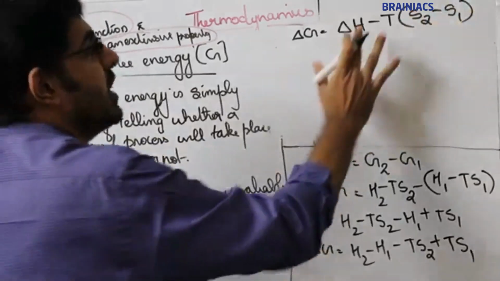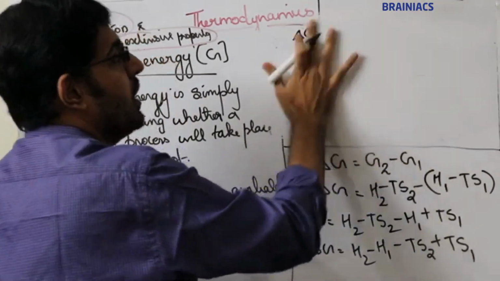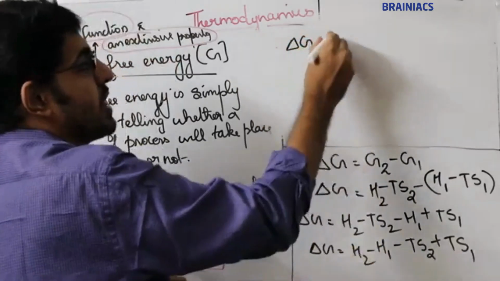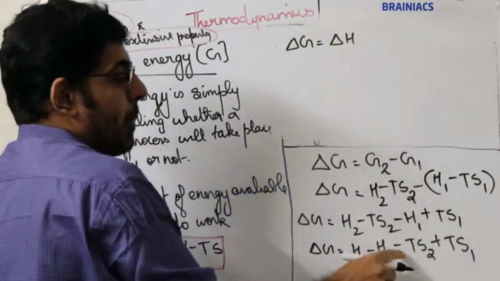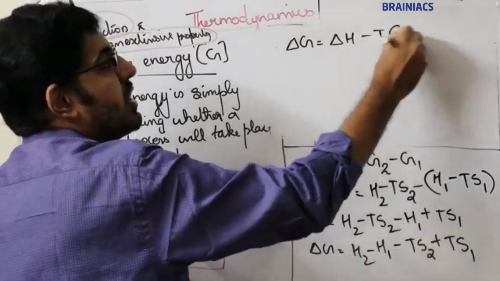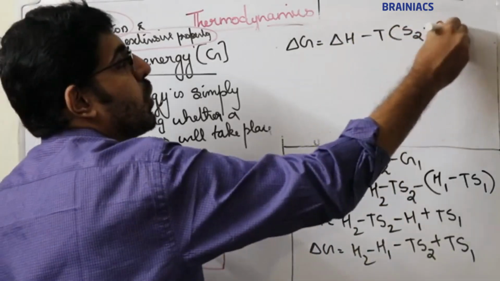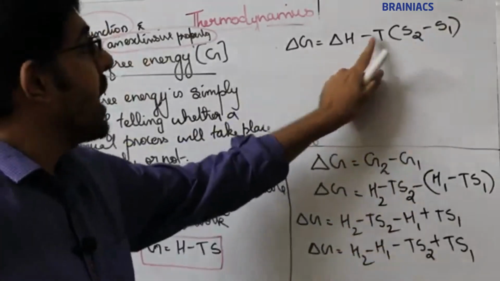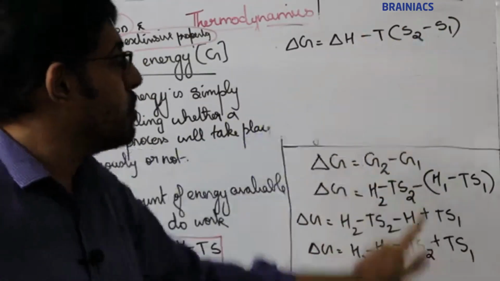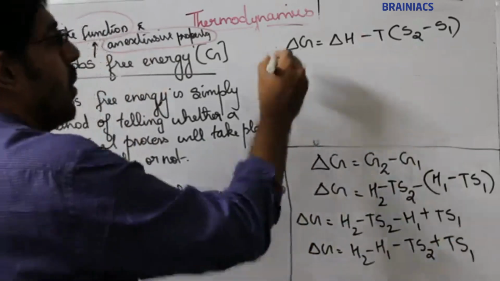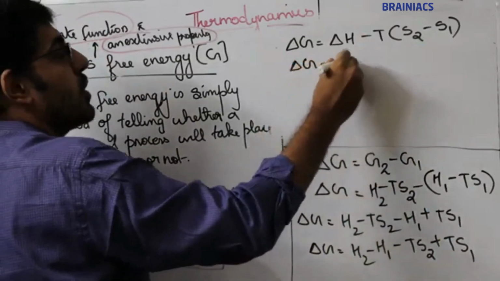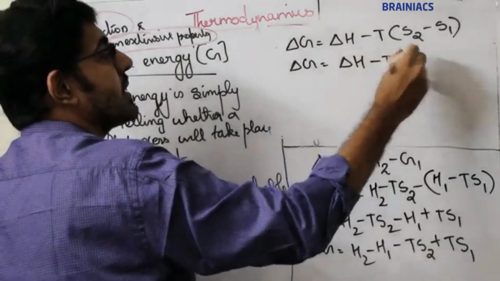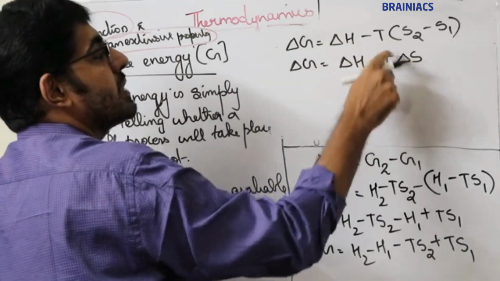So delta G is equal to delta H, minus T into S2 minus S1. Minus T into S2, minus TS2. Minus T into minus S1, plus TS1. So delta G is equal to delta H minus T delta S.